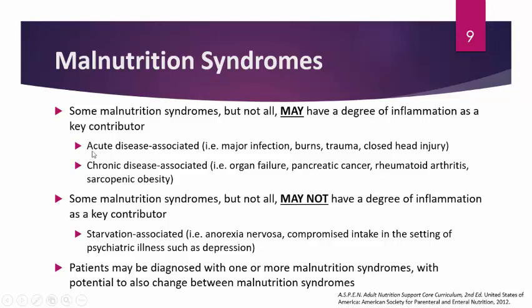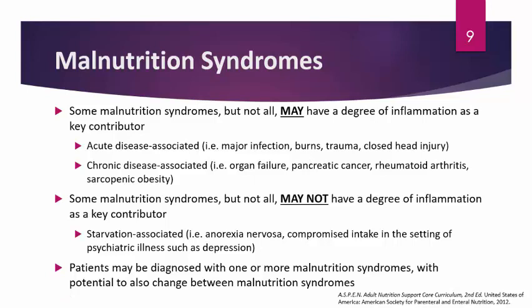Acute, thinking just about that word, is more associated with something that is within the now, something that is potentially new. These include things like major infection, also known as sepsis, burns, particularly severe second and third degree burns, and trauma.